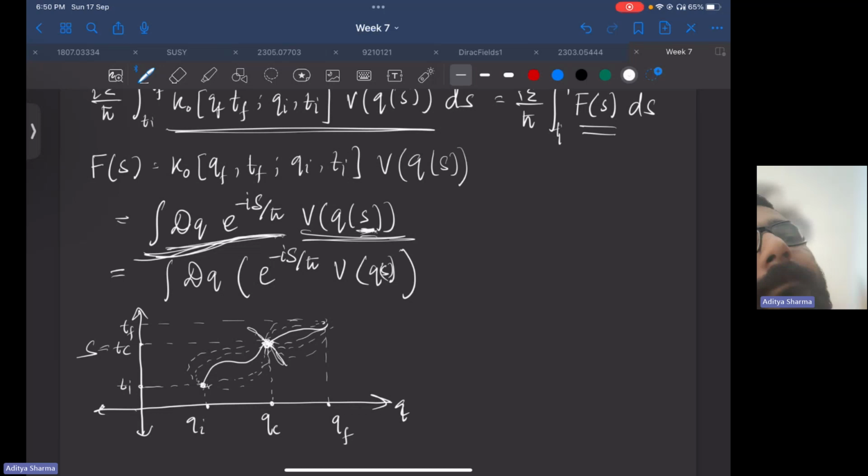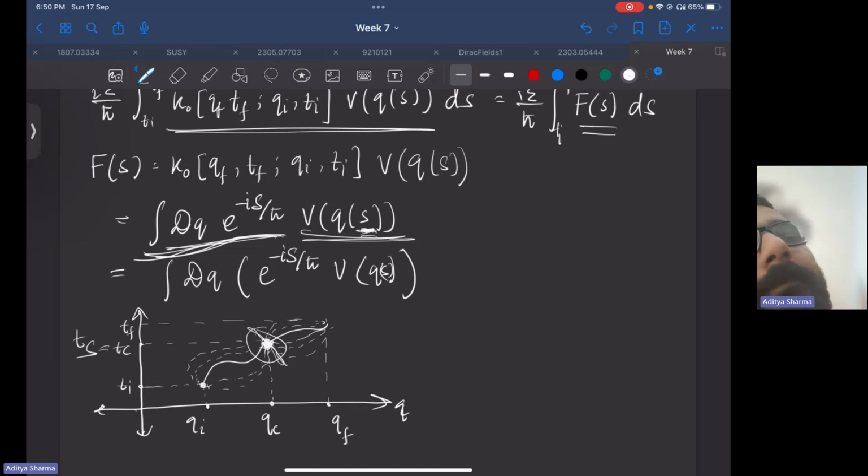And it is not throughout whole of the trajectory. At time t greater than S and t less than S, there is no potential. Potential is only at Qs, and so V of Q is 0 elsewhere. So the path between Qi and Ti to Qc and Ts, and Qc and Ts to Qf and Tf, is like that of a free particle. But at this point, there is some potential.